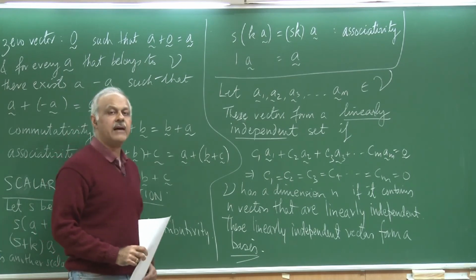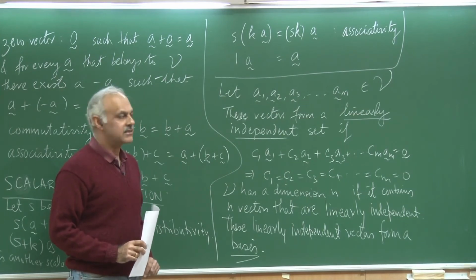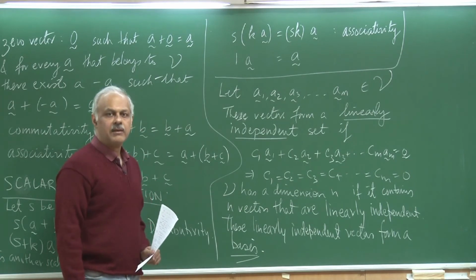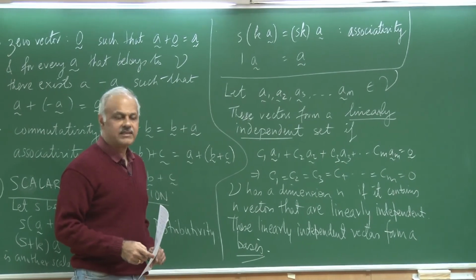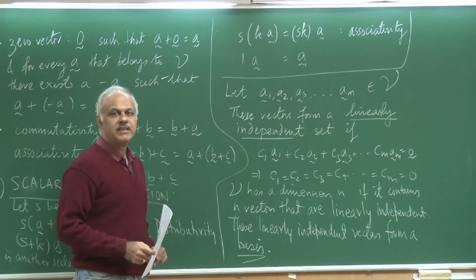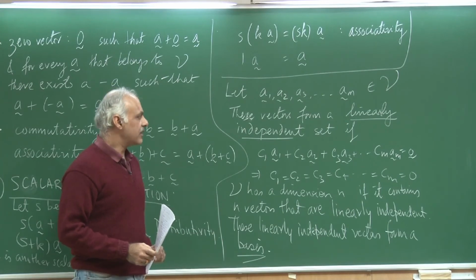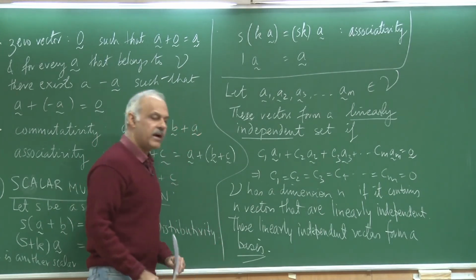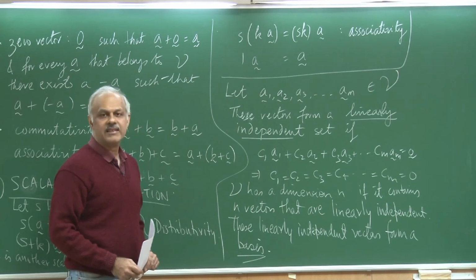So let me give you an example. Let us consider the two-dimensional space, which means the vectors that lie in the space of this blackboard. So I could construct many such vectors, and I could ask the question: are they linearly independent? And it will turn out that I can form a basis by choosing any two linearly independent vectors, and we know what these vectors are. Of course, they are not unique.